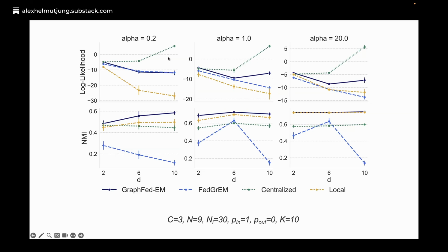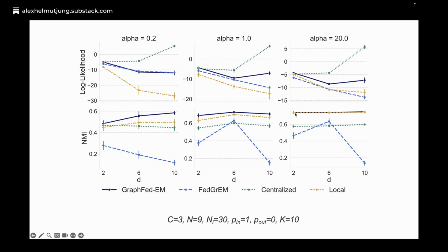So we can have high log likelihood but somewhat low NMI value, or if you're measuring the squared Euclidean distance between the true parameters and the estimated parameters, then you can get not so optimal results. But we can see that our algorithm gives quite nice NMI values.